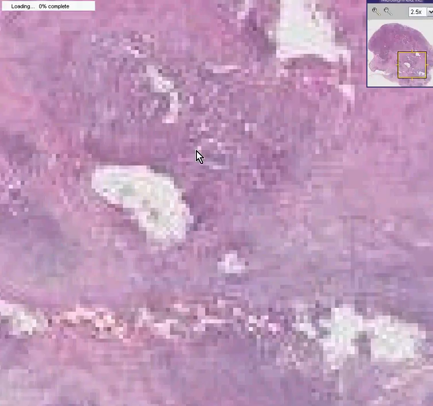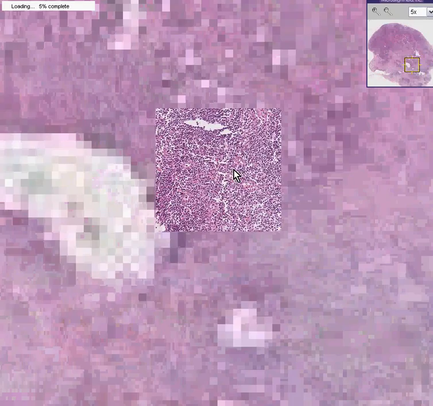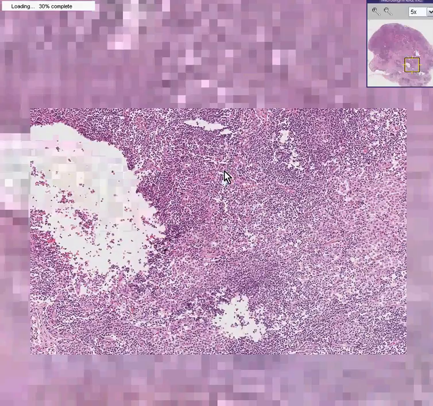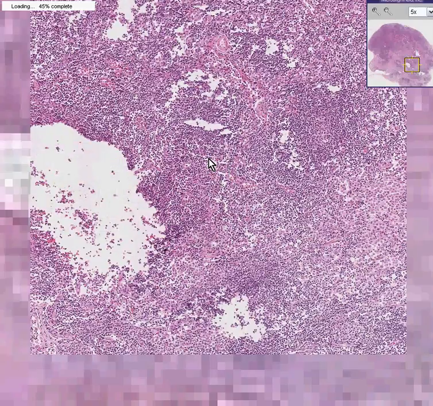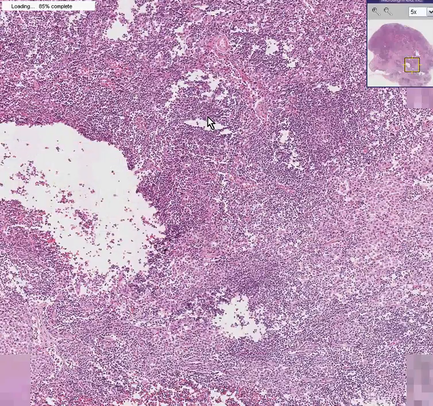in the area that was effaced, in which we do not have the normal lymph node architecture. And notice that, yeah, there's a lot of cells that look like lymphocytes, but are there any other kinds of cells?